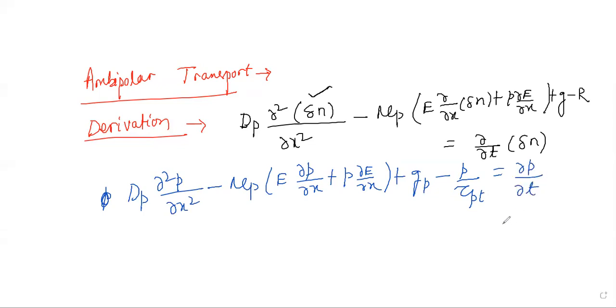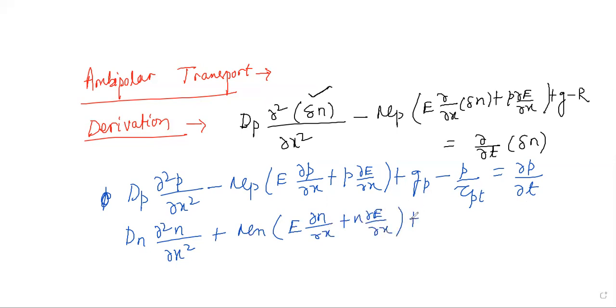So this was our original time dependent diffusion equation for holes. The original time dependent diffusion equation for electrons we derived in the same way. I am just writing it: D_n del square n by del x square plus mu_n E del n by del x plus n del E by del x plus g_n, the rate of generation, minus n by tau_nt, the rate of recombination, is equal to del n by del t.